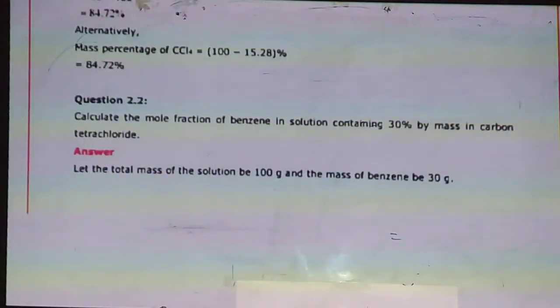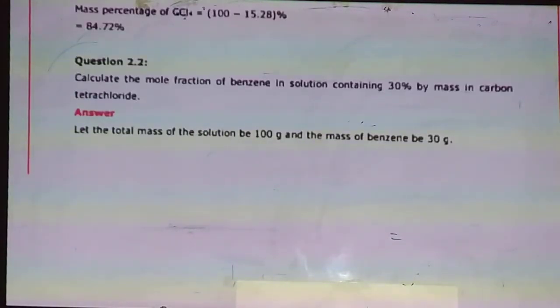Calculate the mole fraction of benzene in solution containing 30% by mass in carbon tetrachloride.